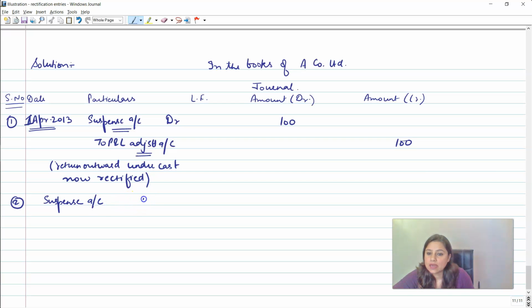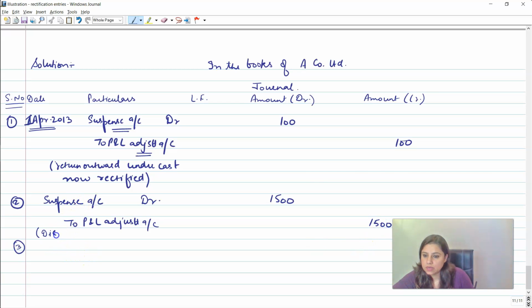So suspense account debit to P&L adjustment account with the amount of 1500. Here the narration would be discount received not accounted for, now rectified.